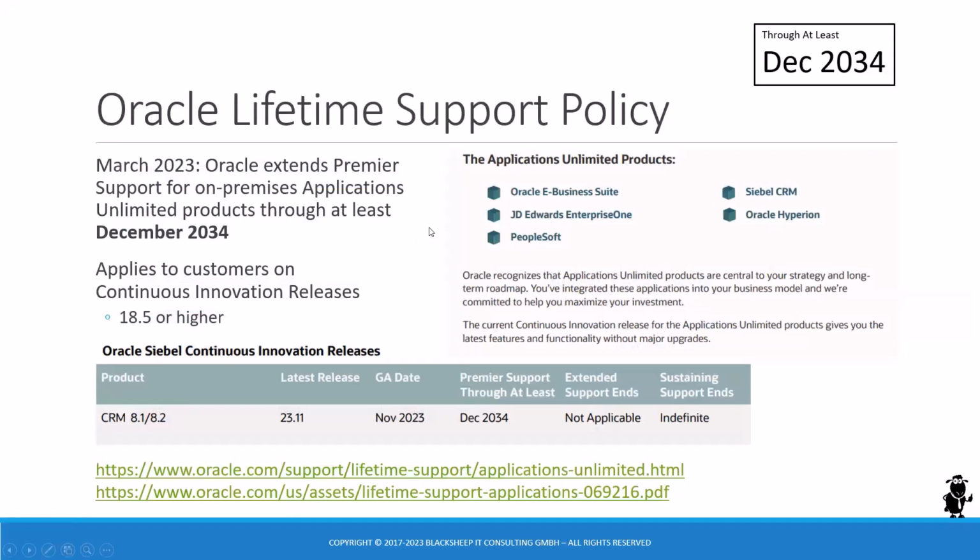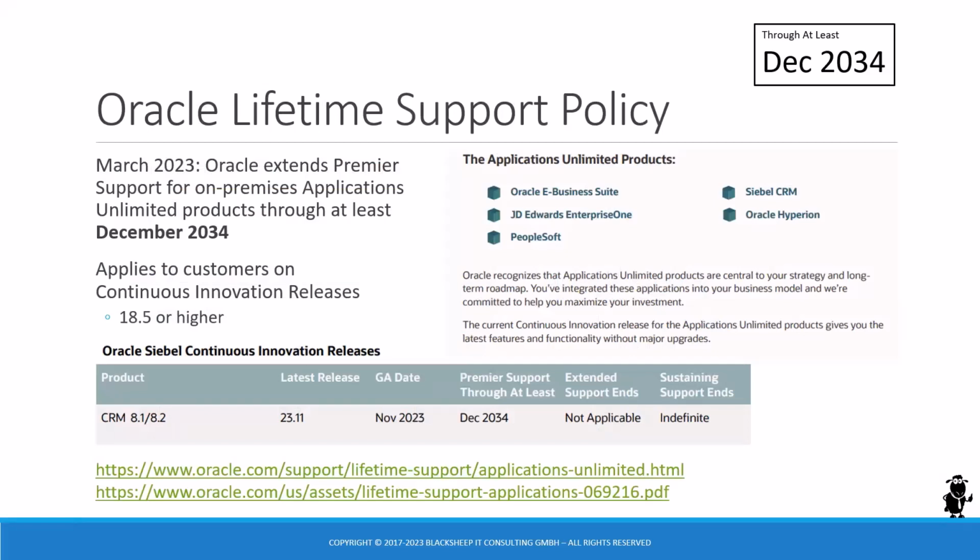So of course, we have to mention when you talk about modern Siebel, is it going to die? Is Oracle pulling the plug? No, they're not. Premier support until, well, for another 11 years, no? December 2034. It's hard to spell even.